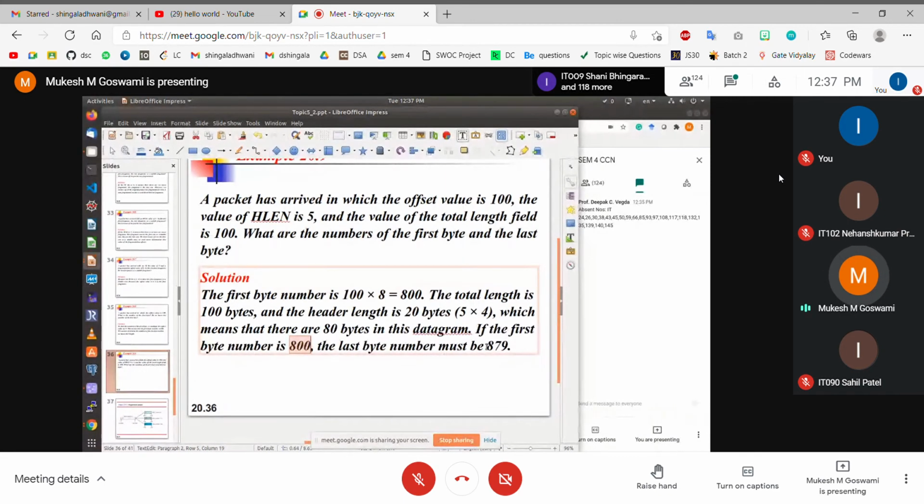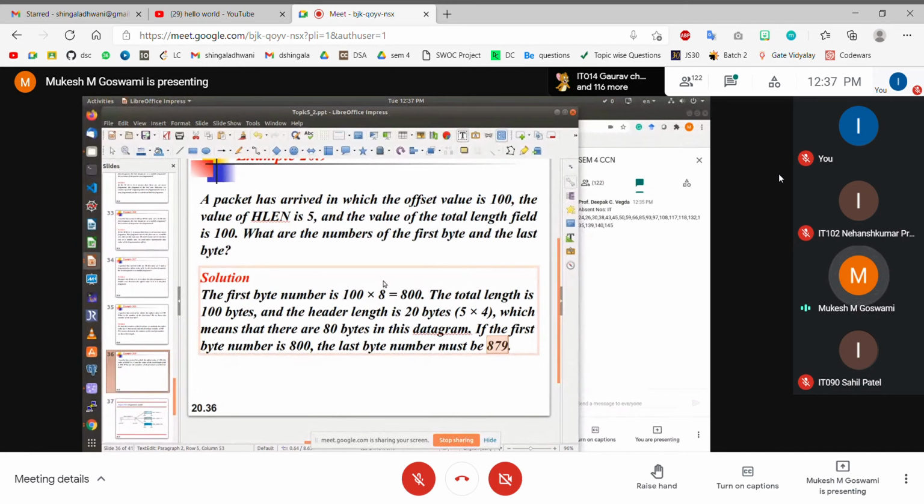So the value of the first byte is 800 and the value of the last byte in this particular packet is 879. And then the next fragment in the sequence will have the first byte equal to 880.